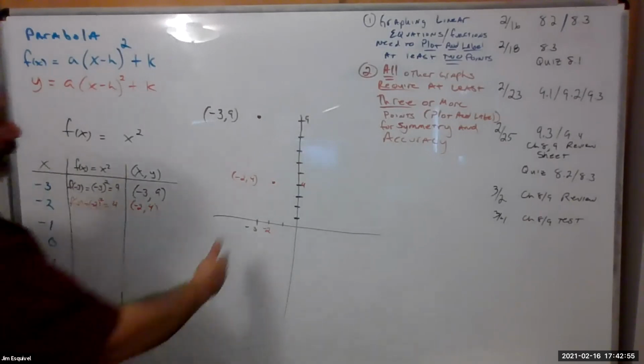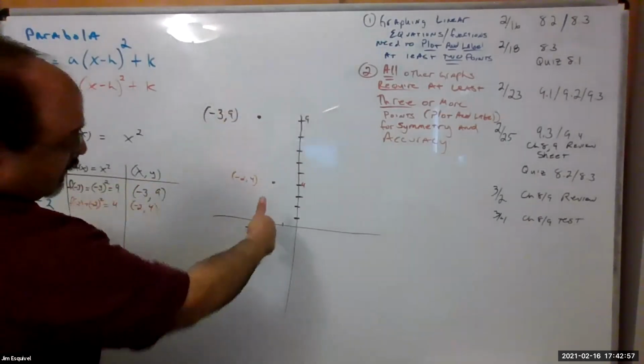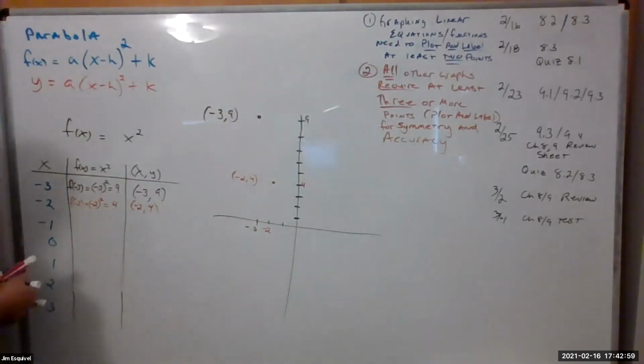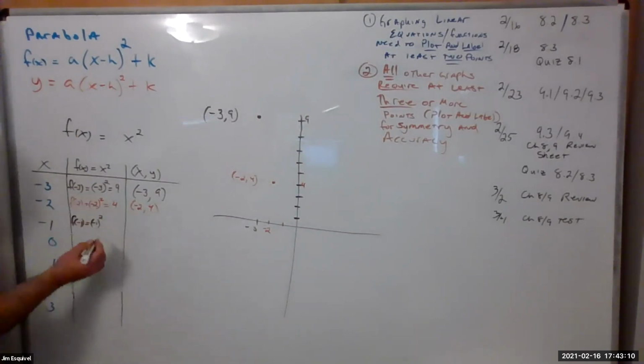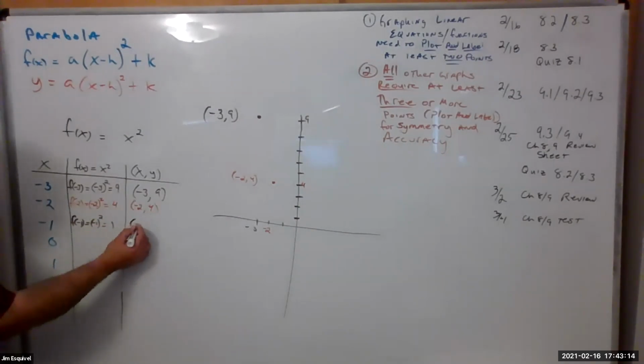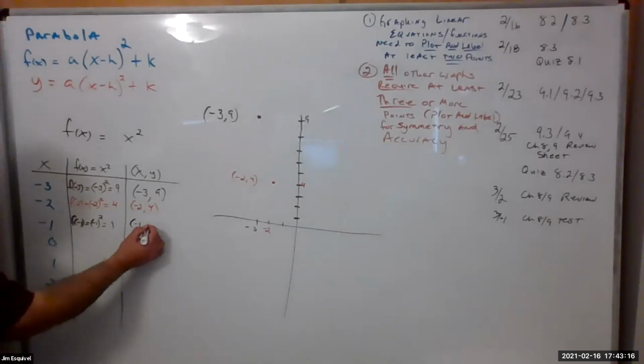So technically right now with 2 points, I would make a straight line, but watch. f of -1: parentheses, -1, squared. -1 times -1 is positive 1.